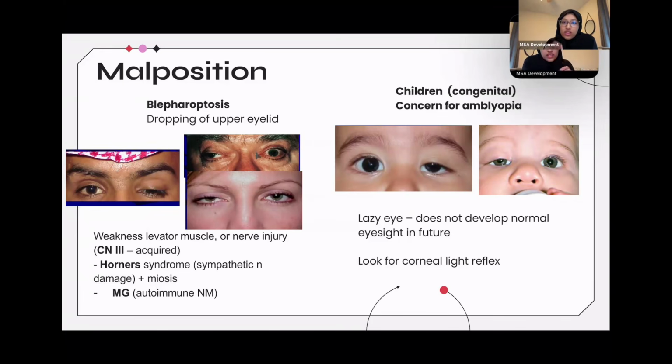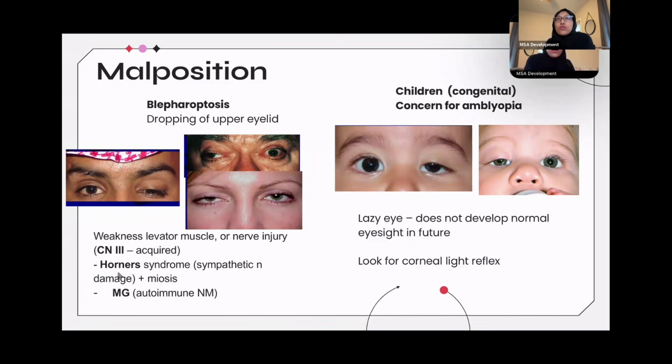Now, main causes of this blepharoptosis in adults can be weakness of the muscle, so not orbicularis, levator muscle. So levator is the one that is supposed to keep our upper eyelid up, but it's not. So levator muscle weakness or nerve weakness, like cranial nerve 3, which is acquired, or Horner's syndrome can happen.